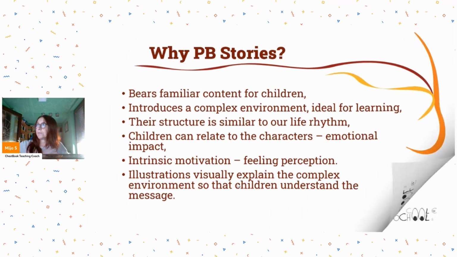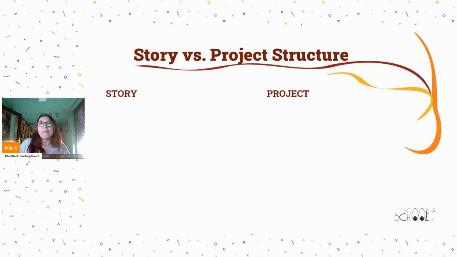I'm going to describe the parallel between the story structure and the ChessBook project structure. So a story has a structure in 6 parts. The first one is the opening. With the opening, we see what the story is about, what the scene is, what the action is, and who is in the story.